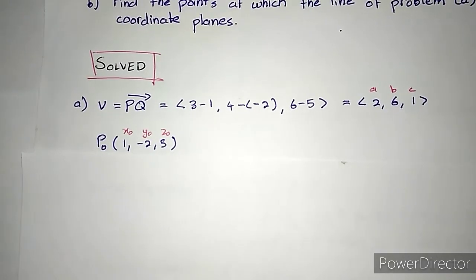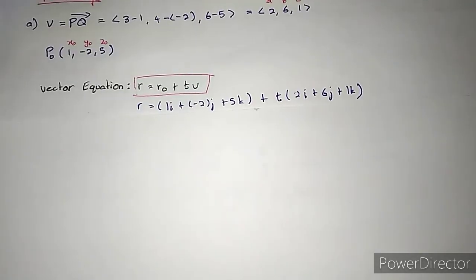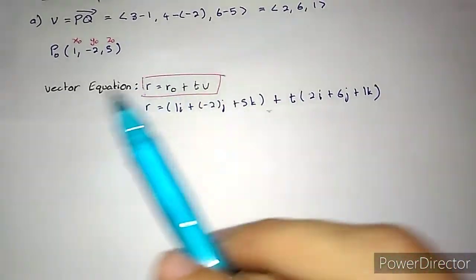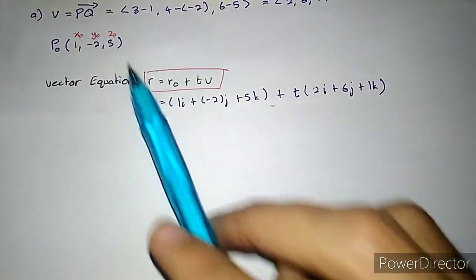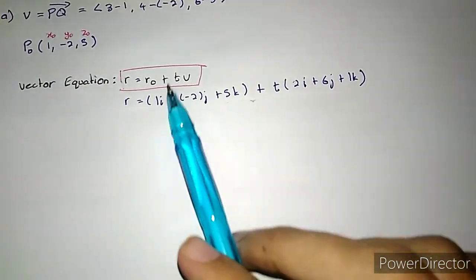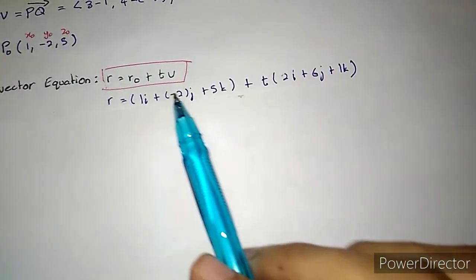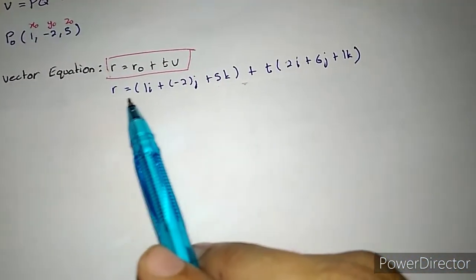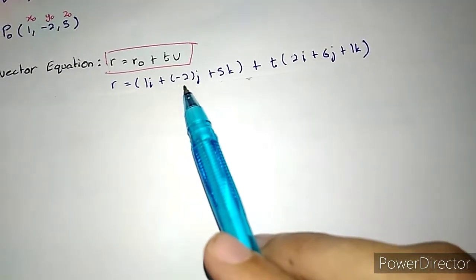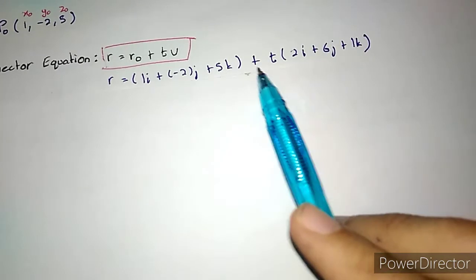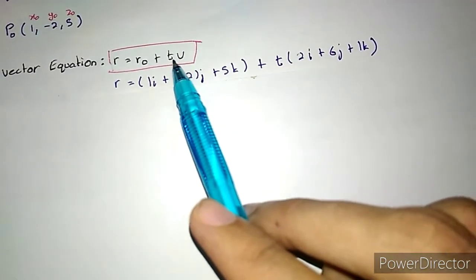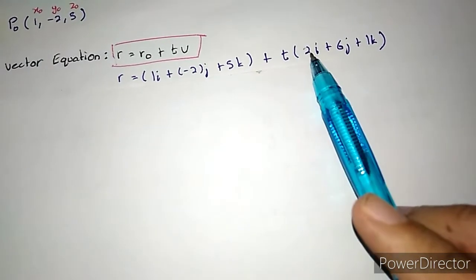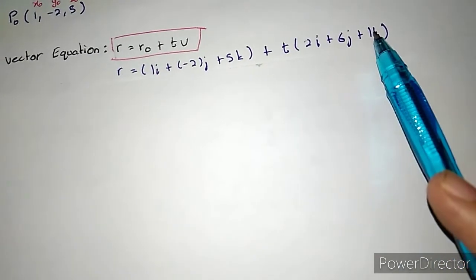Let's start with the vector equation using this formula. r0 is based on the point 1, -2, and 5, so as a vector it's 1i plus -2j plus 5k, plus the direction vector multiplied by t, which is t times 2i plus 6j plus 1k.